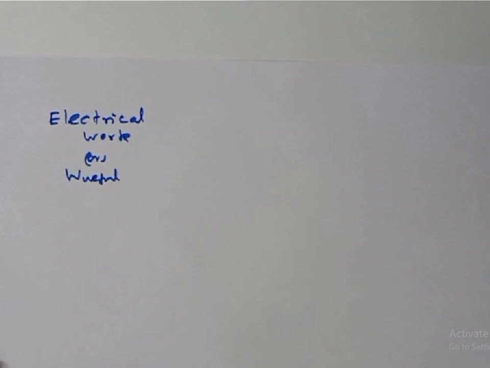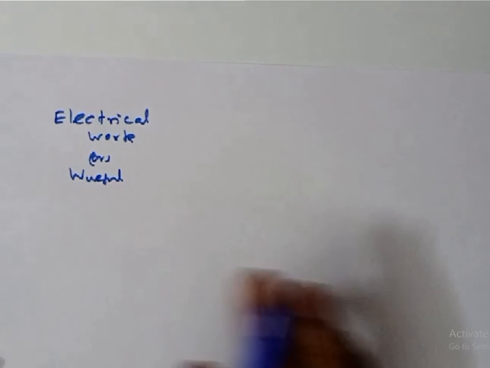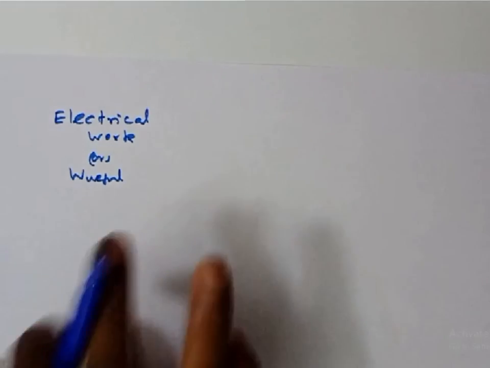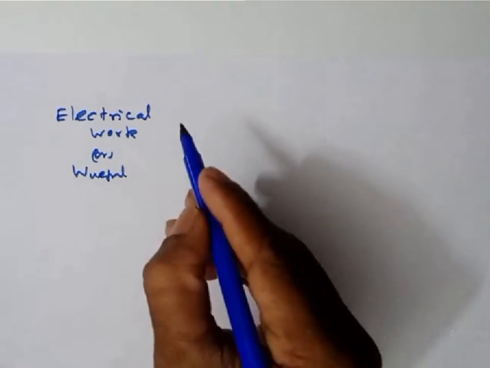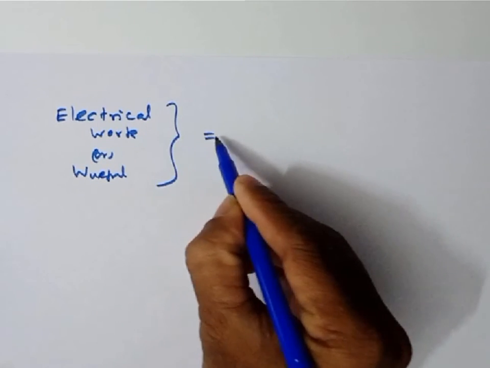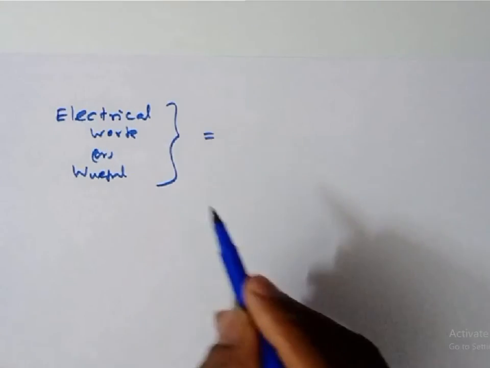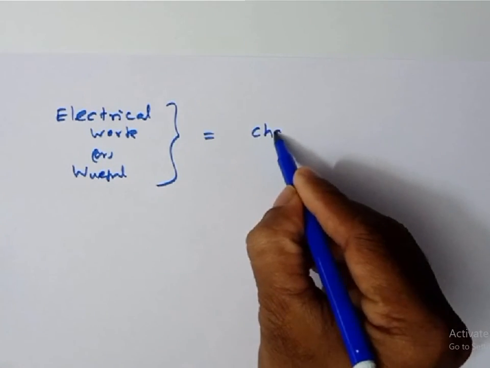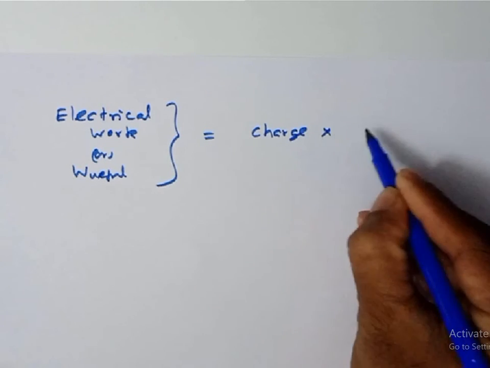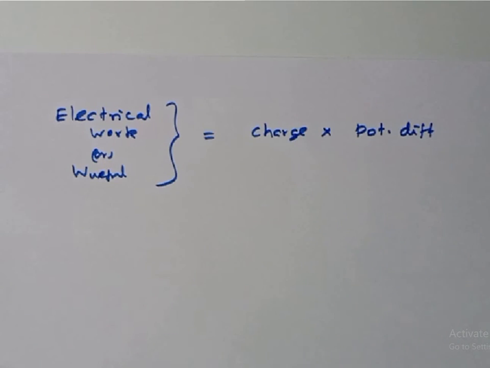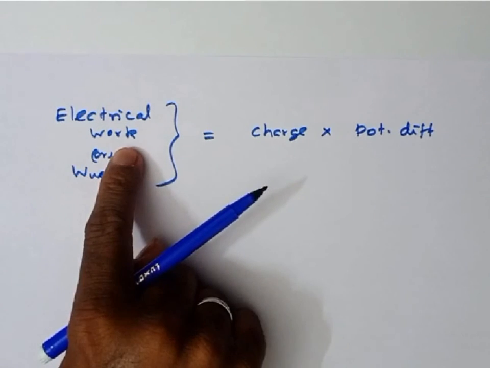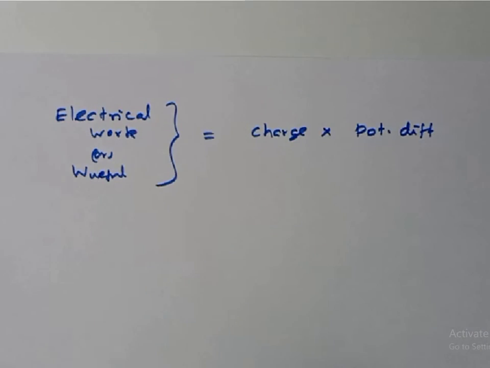Other than pressure volume work, we call all other works as useful work. So electrical work is a useful work, right? So how to calculate the electrical work or the useful work? Useful work is nothing but charge into potential difference. This is the formula. Electrical work is nothing but charge into potential difference.